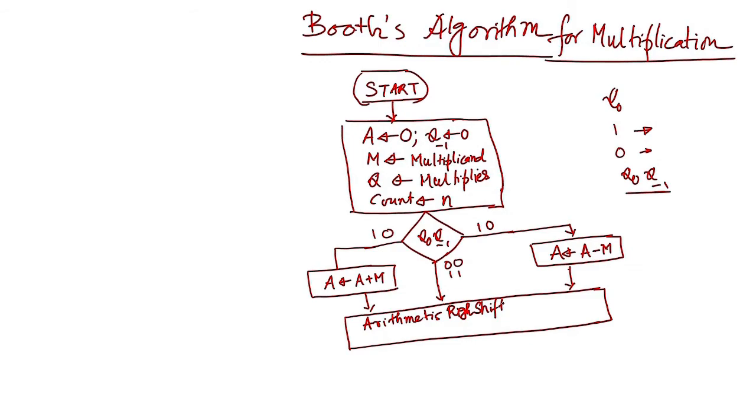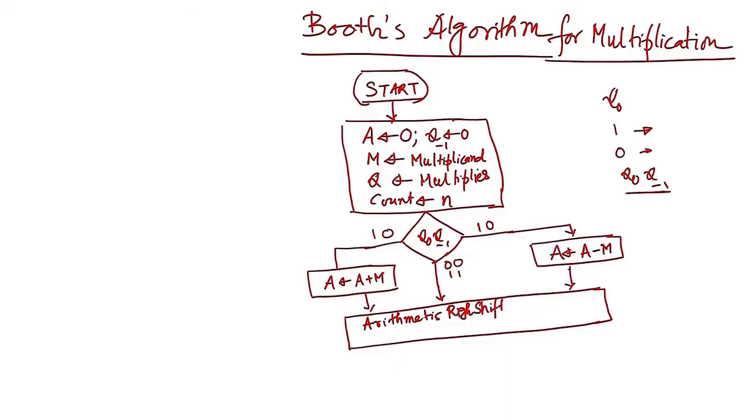Please note that earlier we did the right shift, but here it is a little different, we do the arithmetic right shift of A, Q and Q minus 1, and the count will be reduced by 1. Okay. Now, if the count value is 0, then we are done.